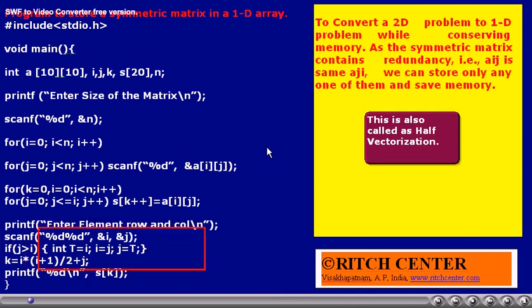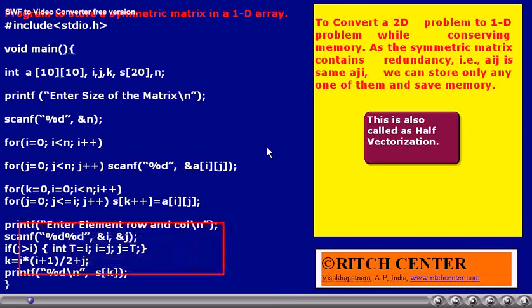If i is less than or equal to j, which means he is asking for a lower triangular element of the matrix. Otherwise he is asking for the upper triangular portion. So what we do is, if j is greater than i, we will exchange i and j, because we know the ith row jth column element is the same as the jth row ith column element, as the matrix is symmetric.